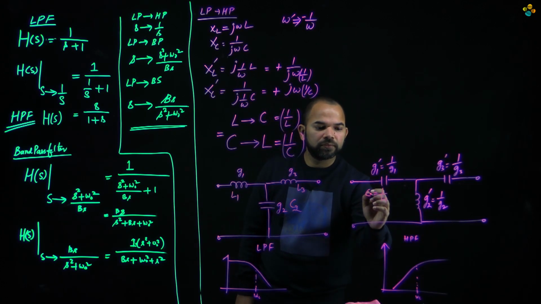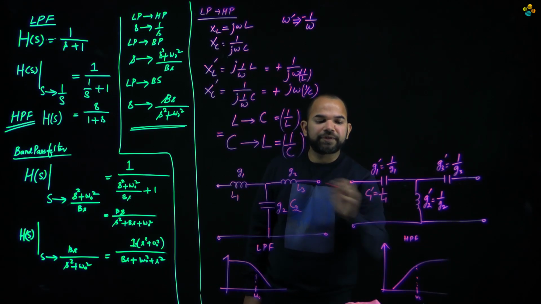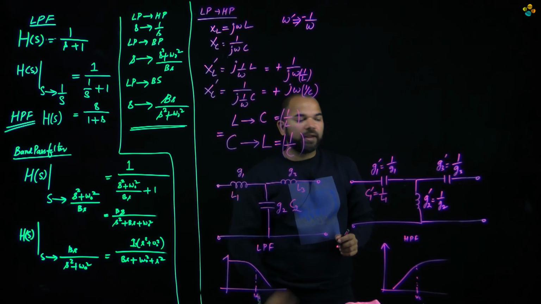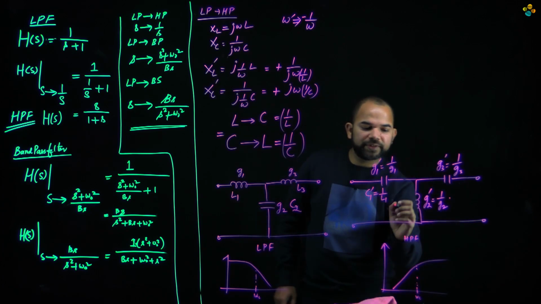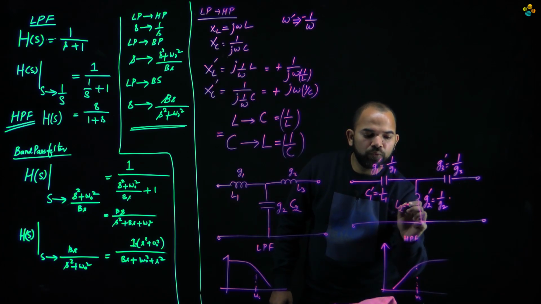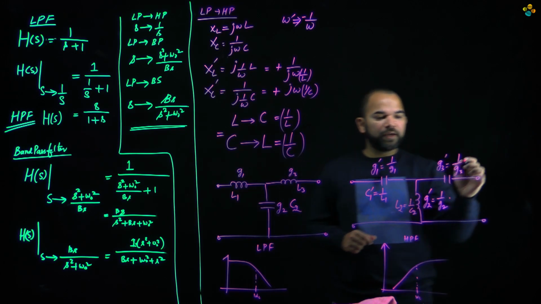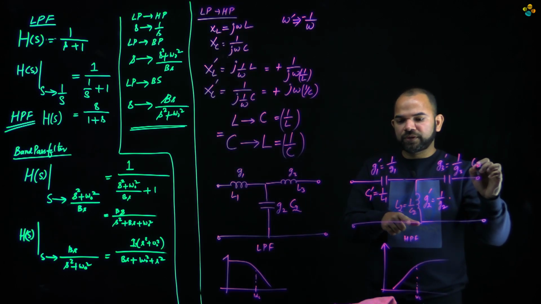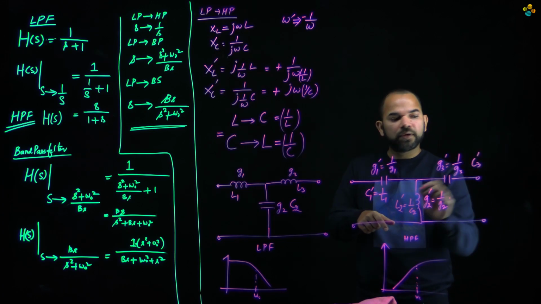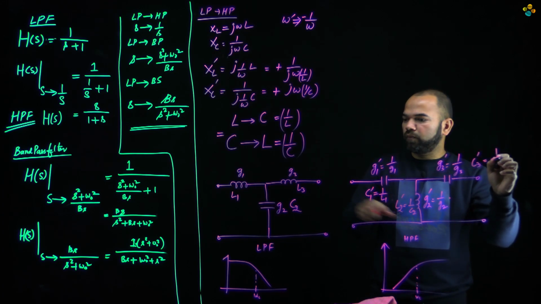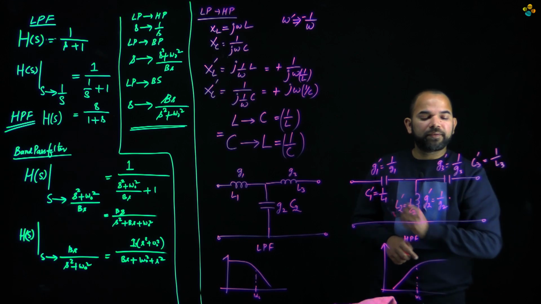This inductance, which is L2, is equal to 1 over C2. And again here this capacitance, which is C3 dash, is going to be 1 over L3.